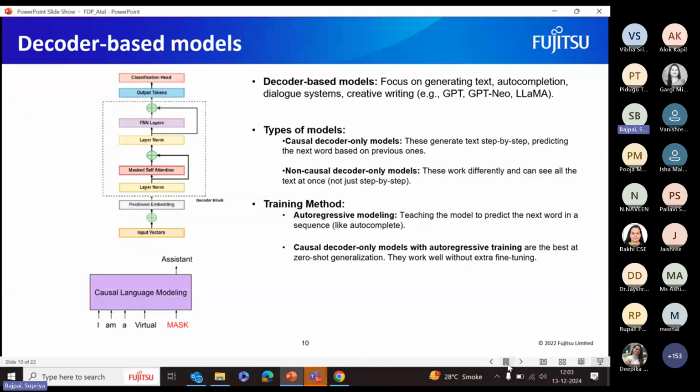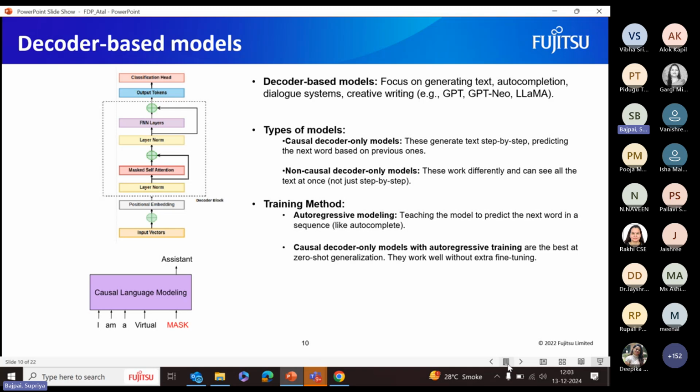The second category of models are the decoder based models. Decoder based models are like the transformer, the decoder only part. These models are mainly used for tasks where you need to generate text, like autocomplete, dialogue systems in chatbots, and creative writing like generating stories.